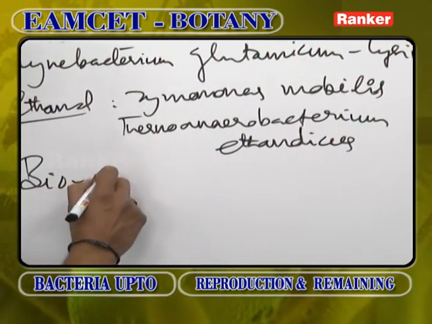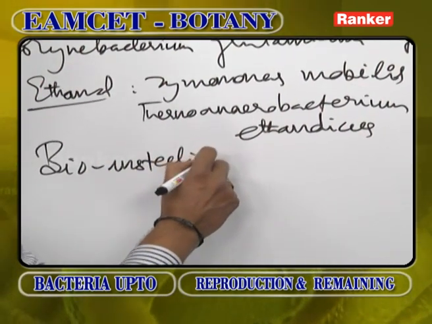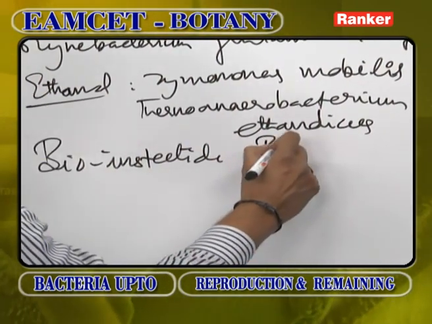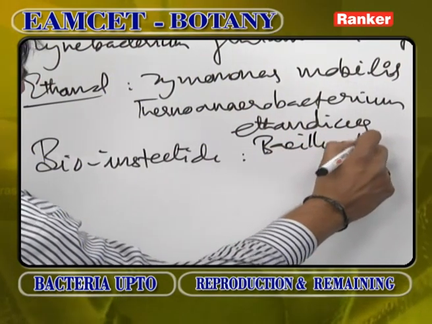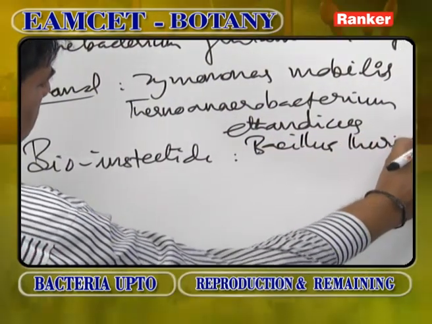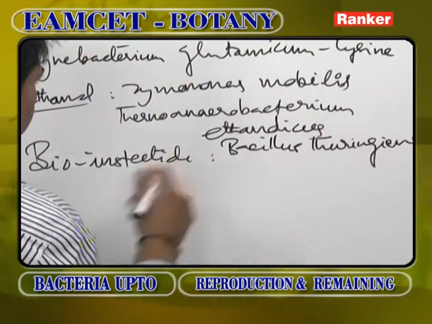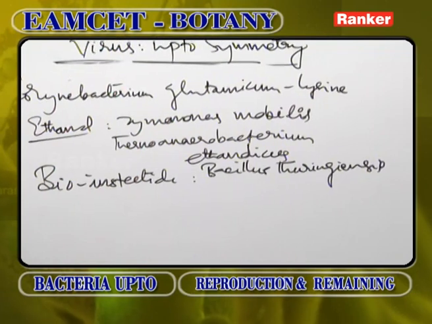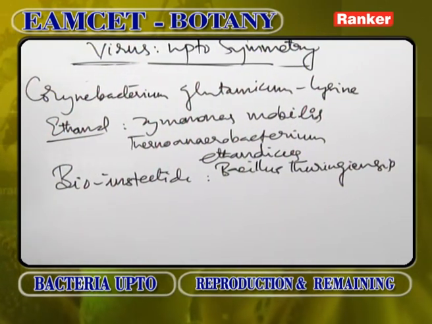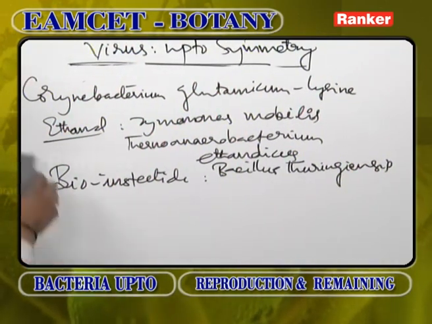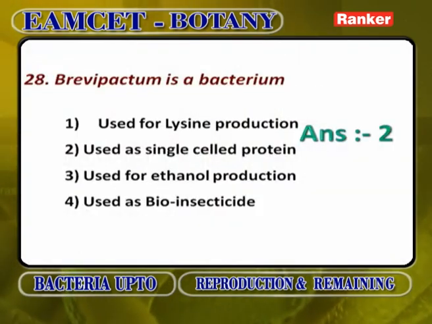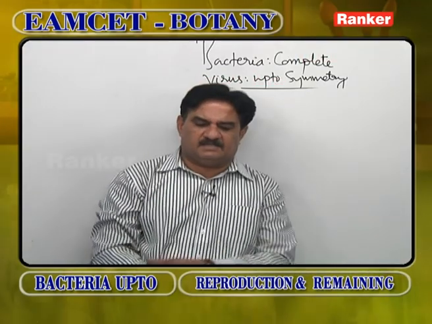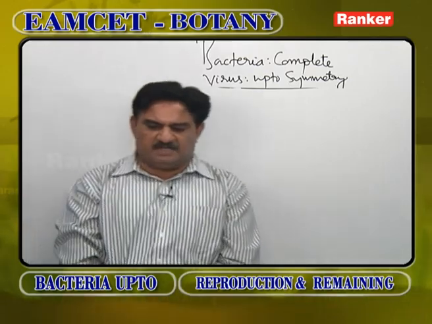Bioinsecticide is Bacillus thuringiensis. So, Corynebacterium glutamicum gives lysine. Ethanol is obtained from Zymomonas mobilis and Thermoanaerobacter ethanolicus. The bioinsecticide bacterium is Bacillus thuringiensis. So, the question: Brevibacterium is a bacterium which is used as single-celled protein.